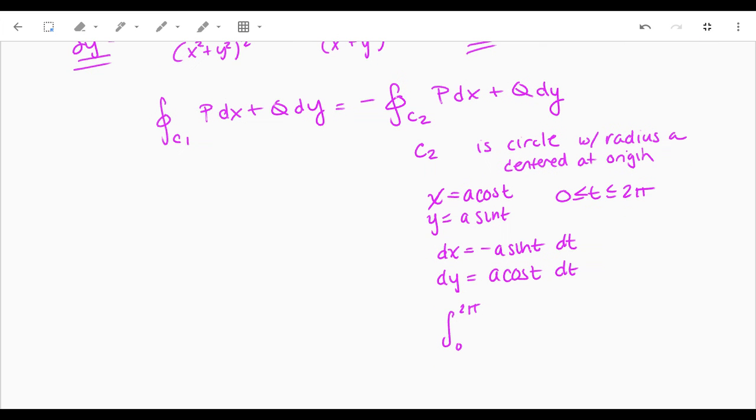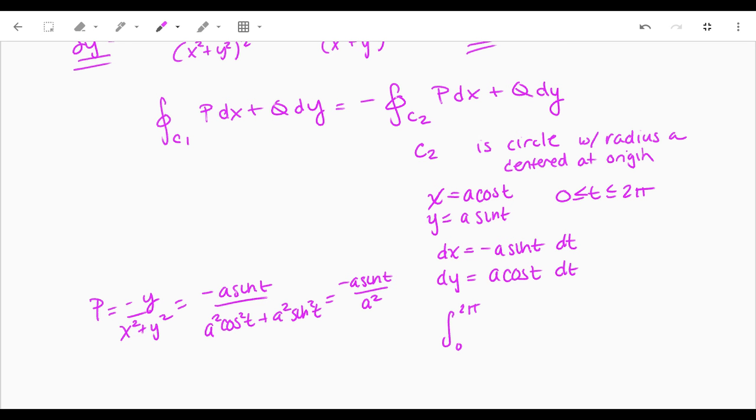So P, I did that before too. P is negative y over x squared plus y squared. So P is going to be negative a sine t over a squared cosine squared t plus a squared sine squared t, which is just a squared.